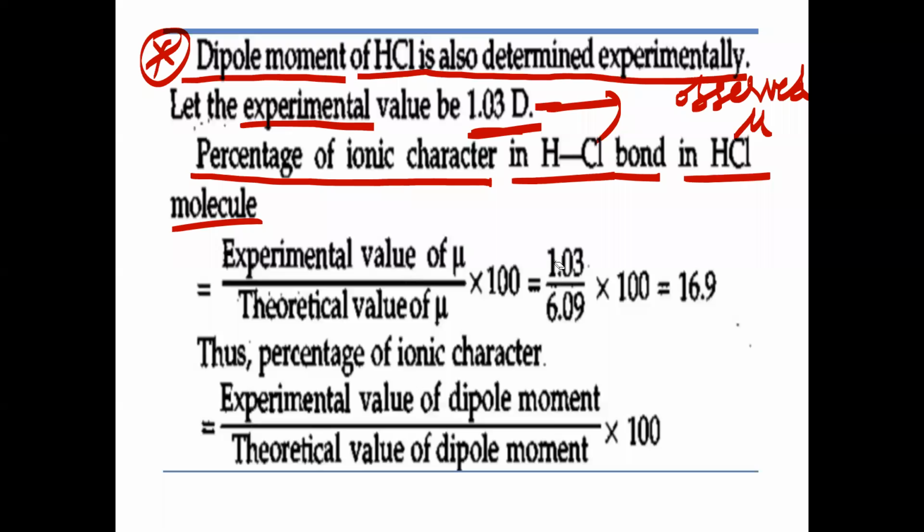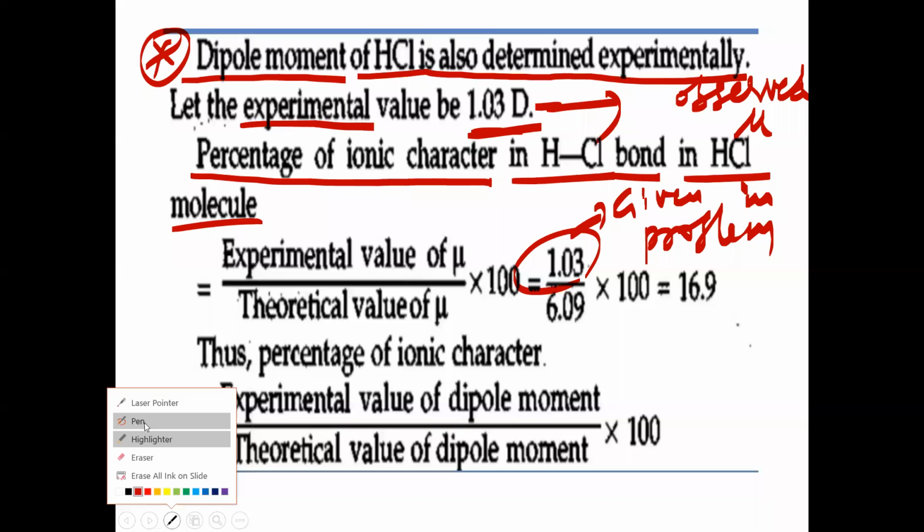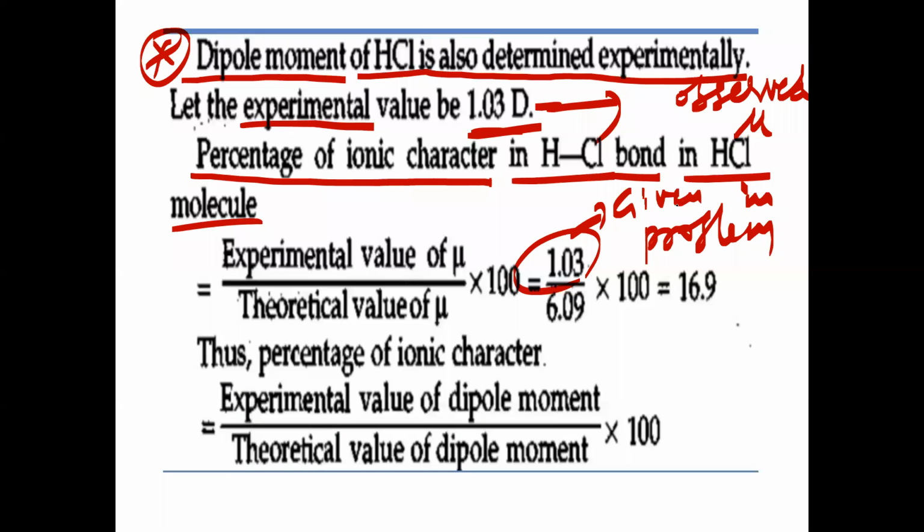In a numerical problem, whatever is given, we have to take as observed or experimental value, and theoretically we have to calculate. So 1.03 divided by 6.09 into 100 is equal to what now?